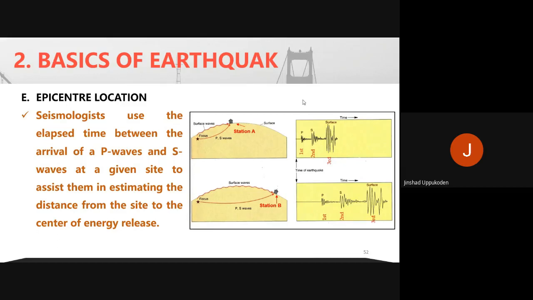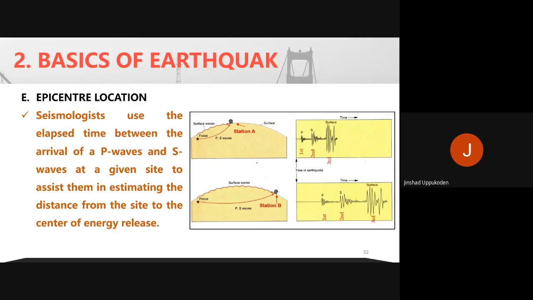Now, how do seismologists study the epicenter location? It is based upon the speed of the P and S waves. Why?